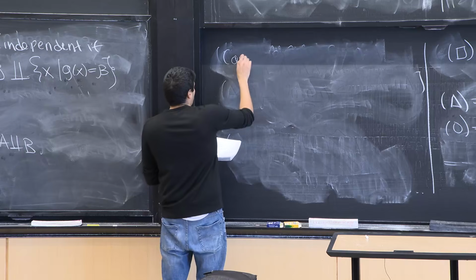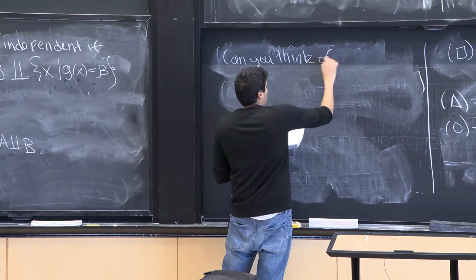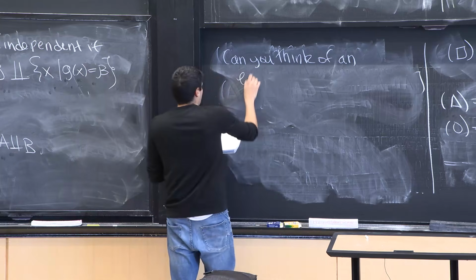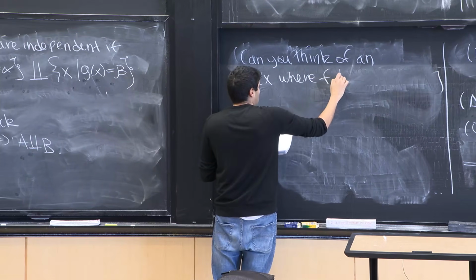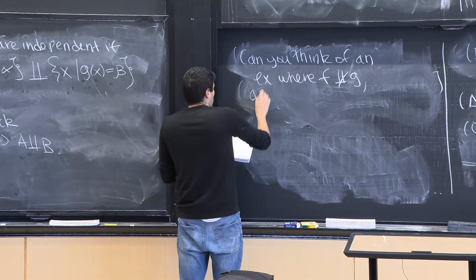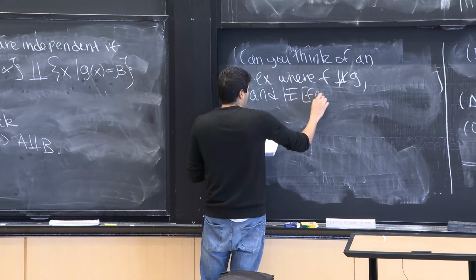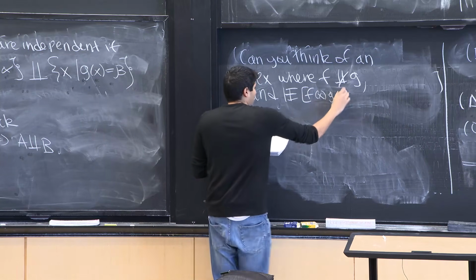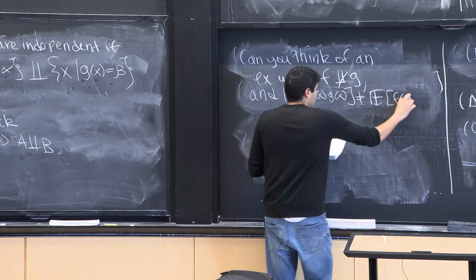So can you think of an example where we have two random variables, f and g, but f and g are not independent, and where this lemma fails, where the expectation of the product is not equal to the product of their expectations?